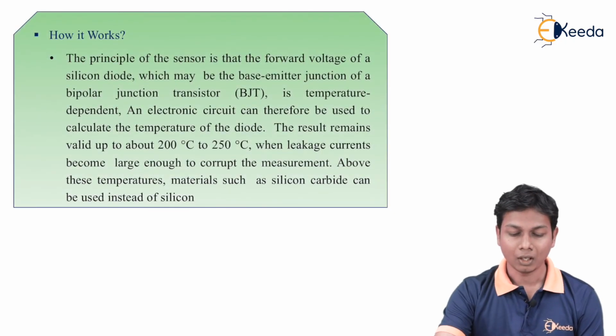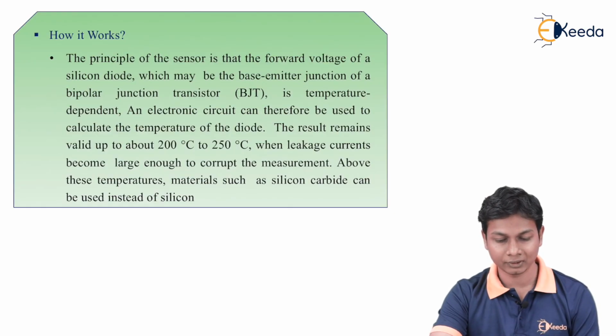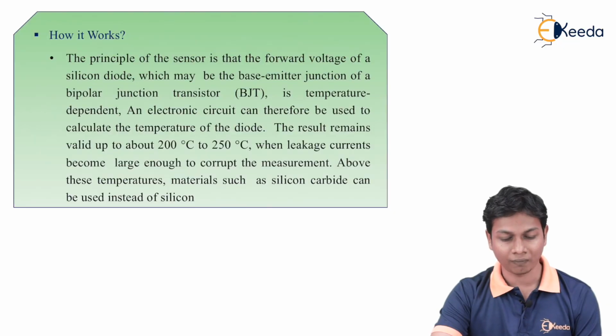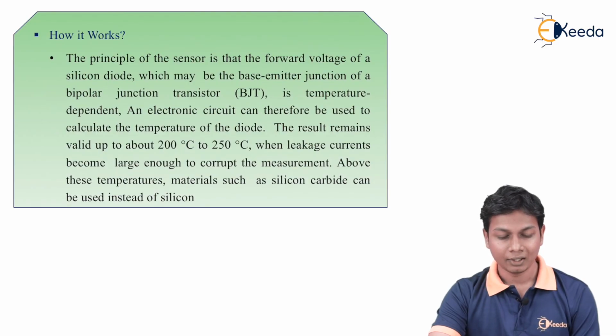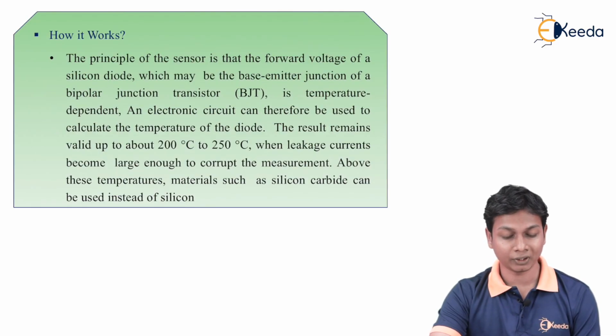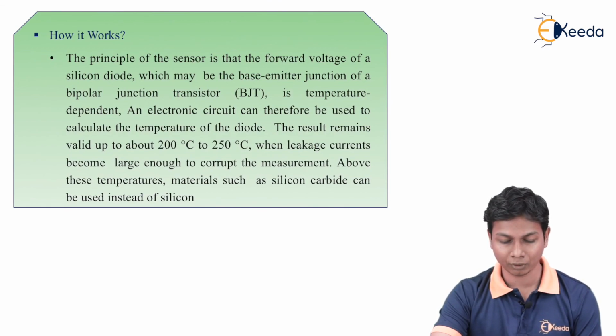Now, how does it work? It works on the forward voltage of a silicon diode, which may be the base emitter junction of a BJT, that is, the bipolar junction transistor. As it depends upon the temperature, an electronic circuit is used to calculate the temperature of the diode.